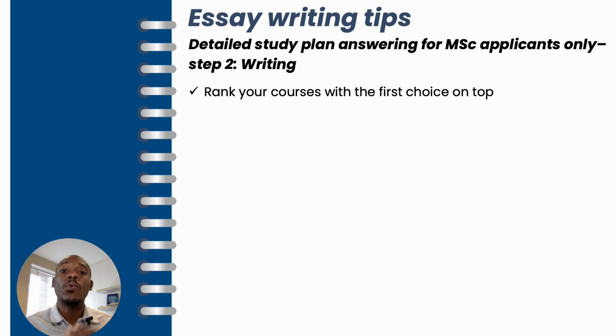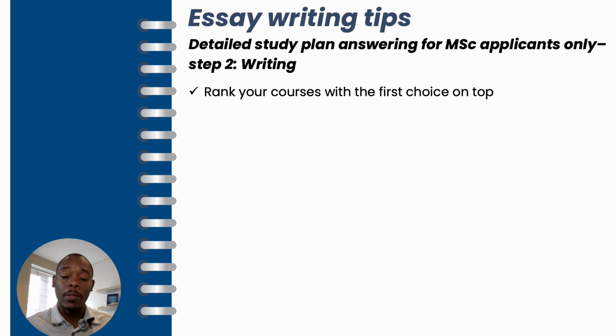Which one do you think should be your first course? They are going to consider your first course. However, the Commonwealth Scholarship, they are at liberty to select any among your 3 courses. They have the final decision on which course they want you to go for.